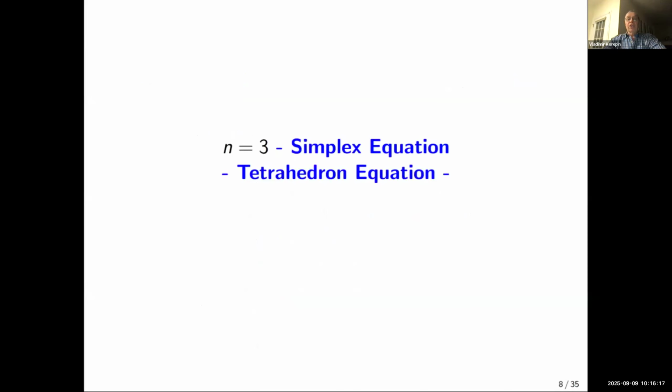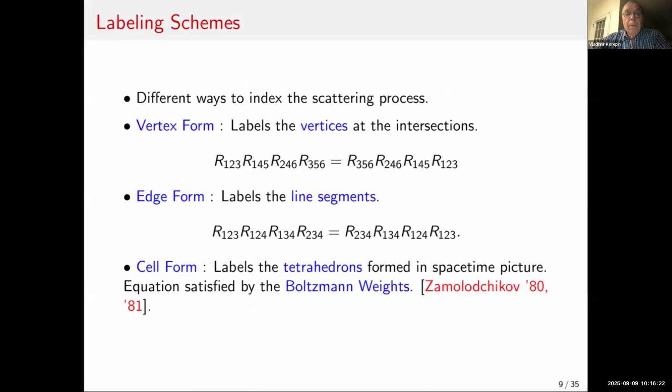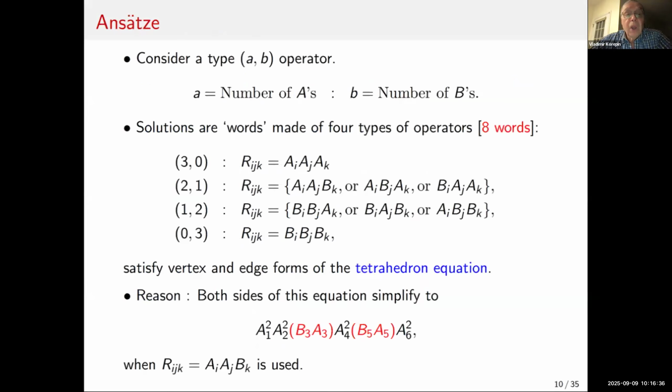Does it work for higher dimension? Does it work for the tetrahedron equation? Okay, this is the tetrahedron equation which was suggested by Zamolodchikov, and there are several different forms of writing this tetrahedron equation: vertex form, edge form, and cell form. So let's try.